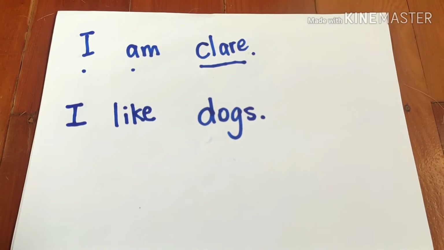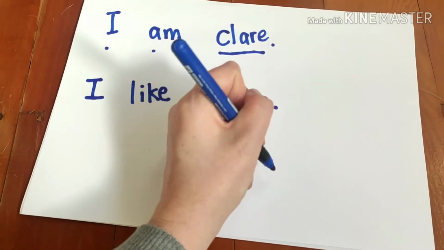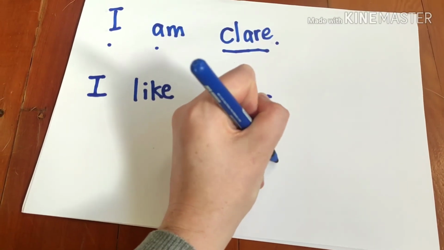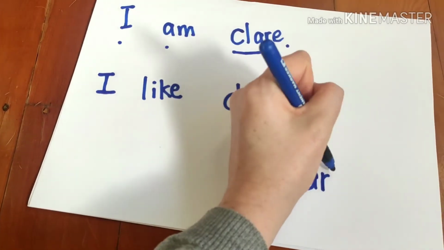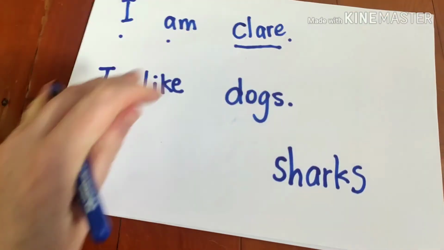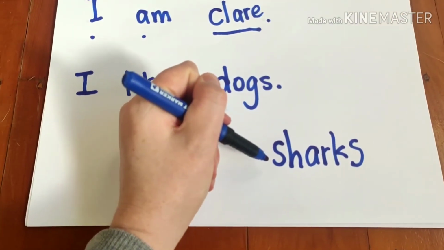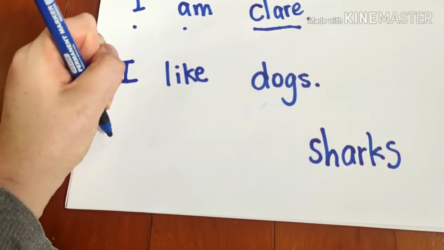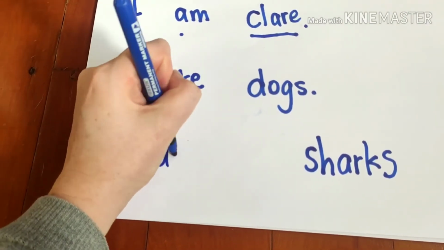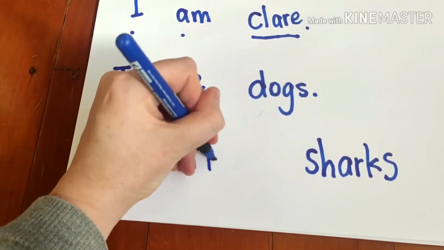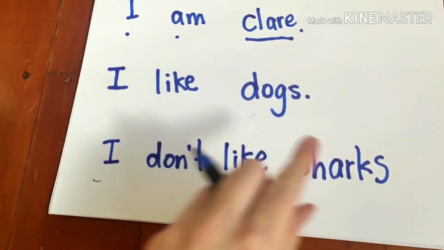And what else could I write? Let's make one more sentence. So here's a word. Sharks. Is this a sentence? No, it's just one word. But I'm going to add some more words and make it a sentence. Sharks. I don't like sharks.